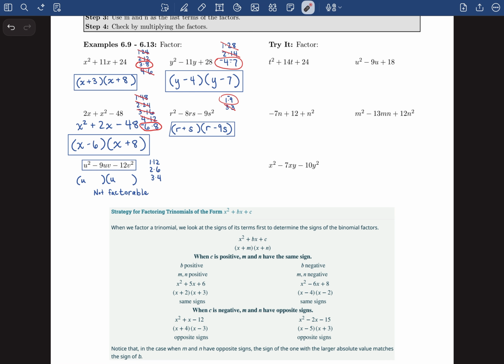Now, when the constant is negative, M and N have opposite signs. Here the constant is negative, and so M and N will have opposite signs, negative 6 and positive 8. When I factor, I have opposite signs.